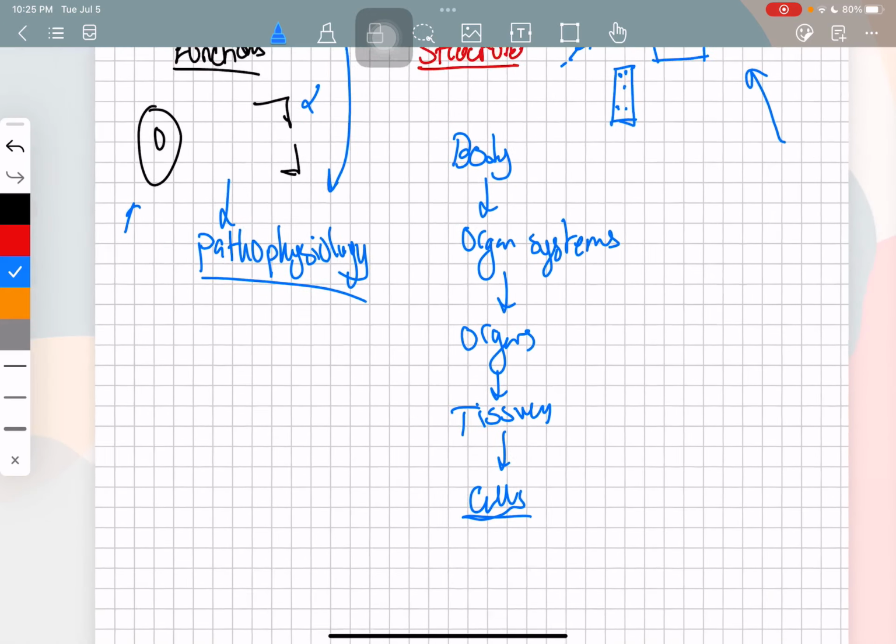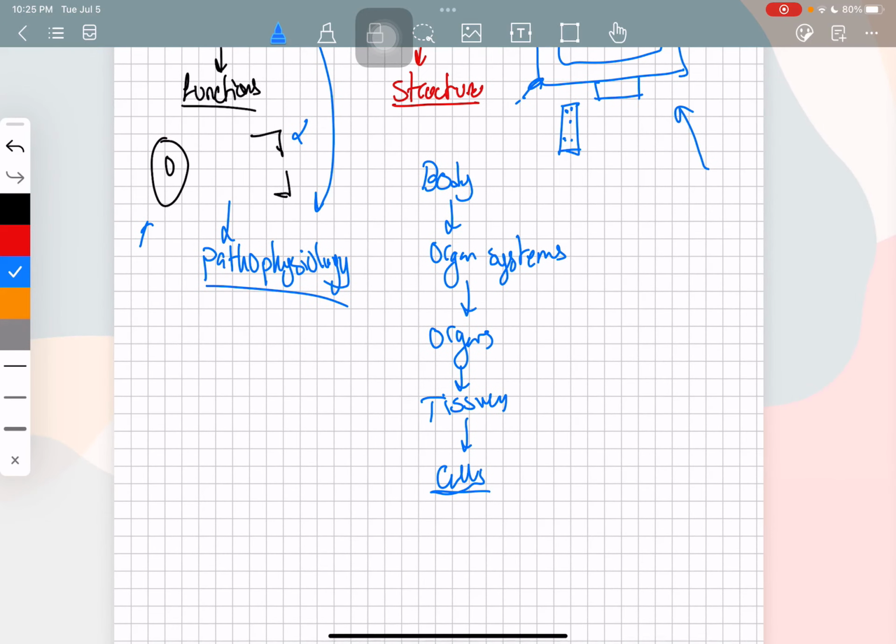It's very important to understand each and every single component in order to progress, and ultimately to studying medicine, for which it is very important to take physiology.